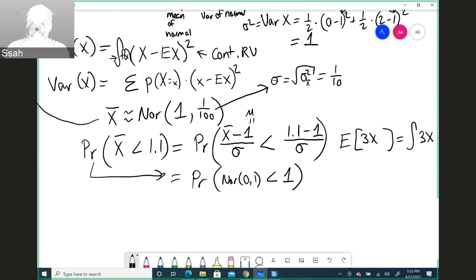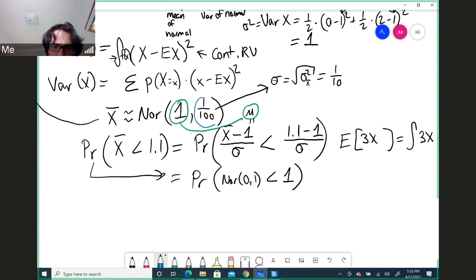Yeah, so this mu is basically coming from here, and this is basically sigma squared, and so then you take the square root of that to get 1/10, and then you plug it in here.